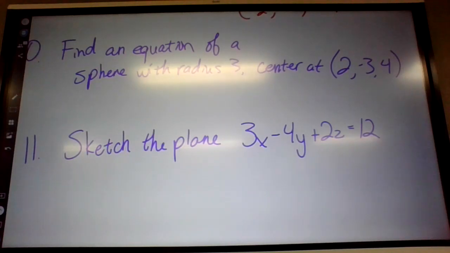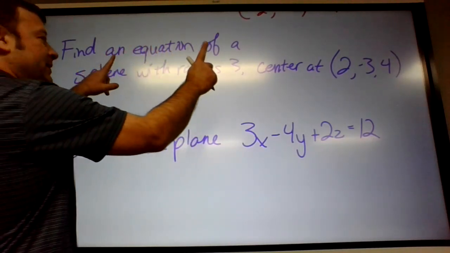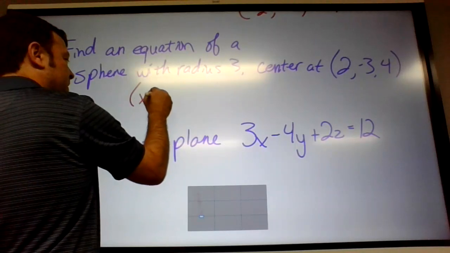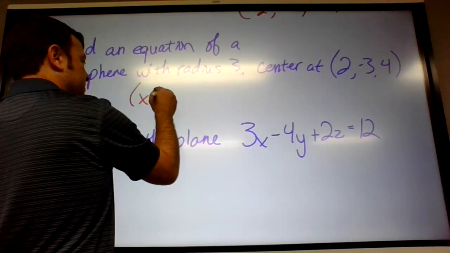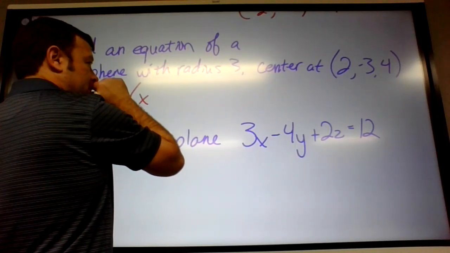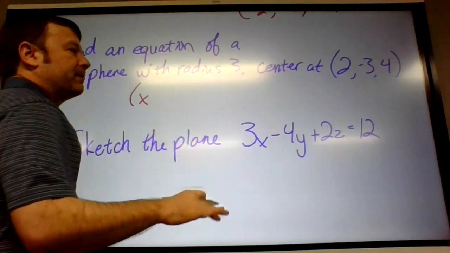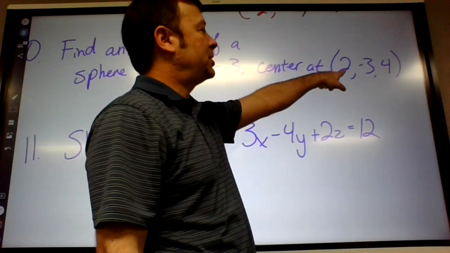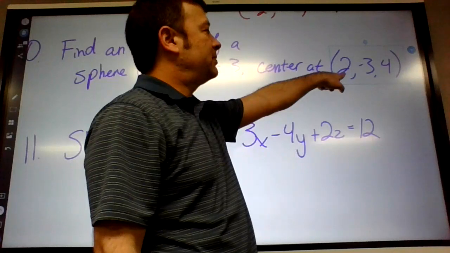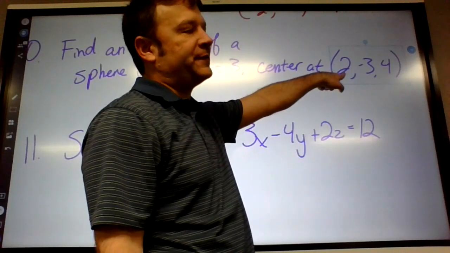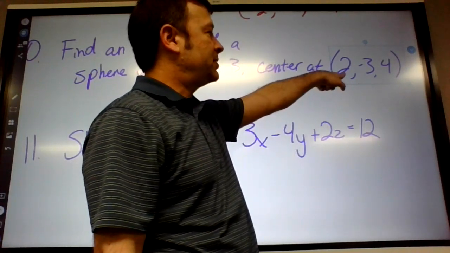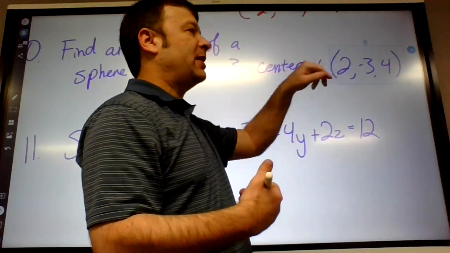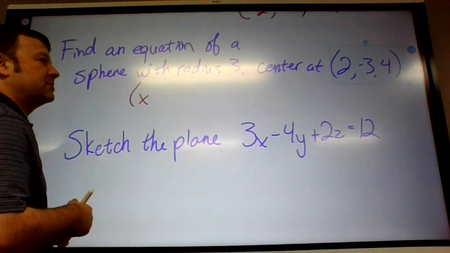It's been such a long time since we did this. The equation of a circle, I don't know if you guys remember this, looks... So, if the center of the circle, or sphere I guess in this case, is technically 2 in the x direction, how do I make something move 2 in the x direction?